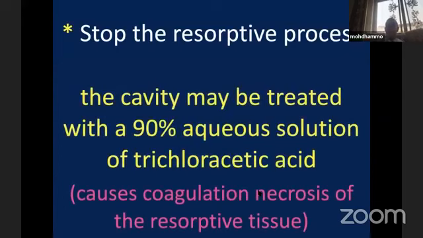Then I want to stop the resorption itself. So the cavity may be treated with a 90% aqueous solution of trichloroacetic acid. This trichloroacetic acid will cause coagulation necrosis of the resorptive tissue.